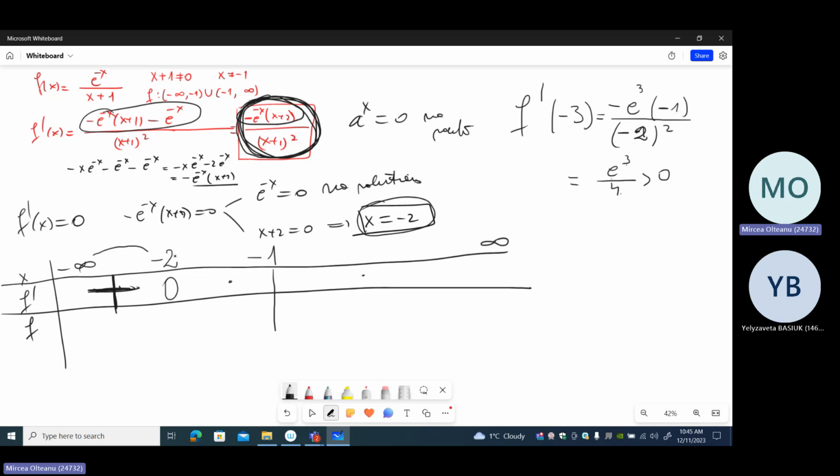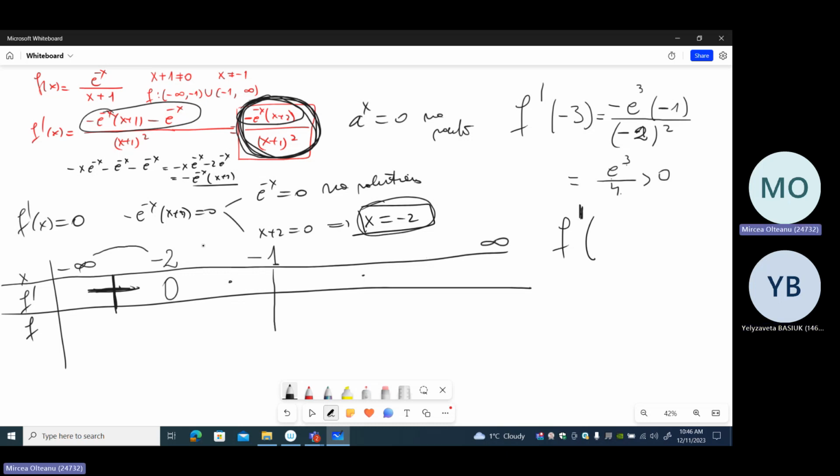Now on the interval minus 2, minus 1. Tell me a number here. It will not be possible to take exactly minus 2 or minus 1. Between them. Minus 1/2.